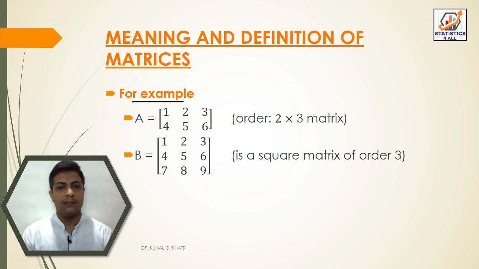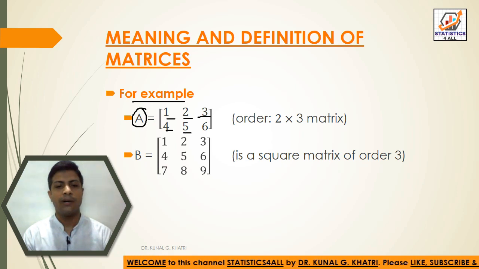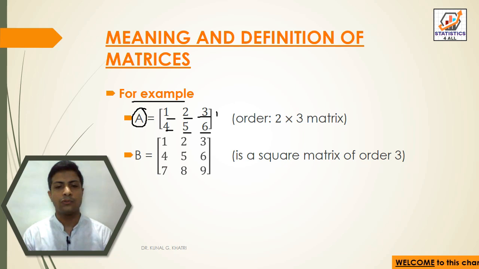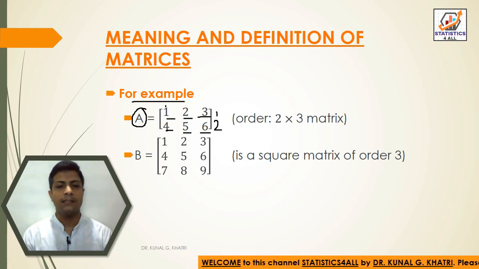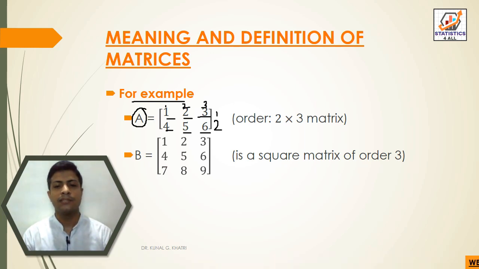For example, matrix A that is equal to 1, 2, 3 and in second row 4, 5, 6. So there are total 2 rows 1 and 2 and column 1, 2 and 3. So this is of order 2 by 3 matrix.